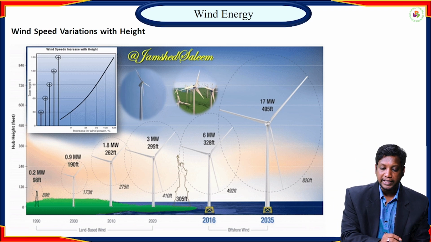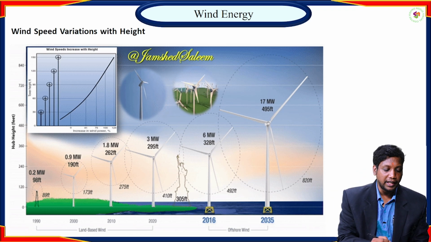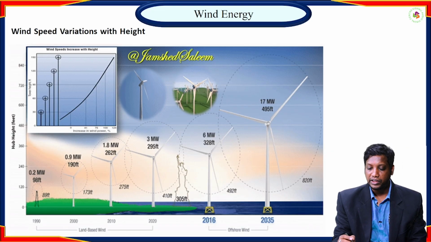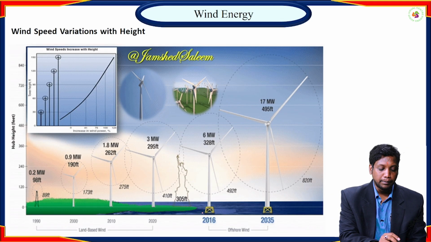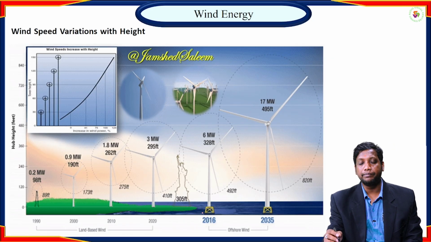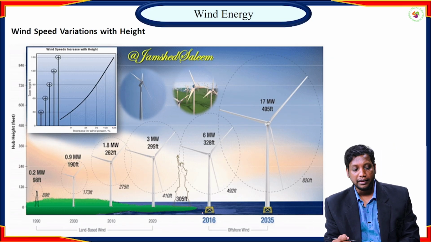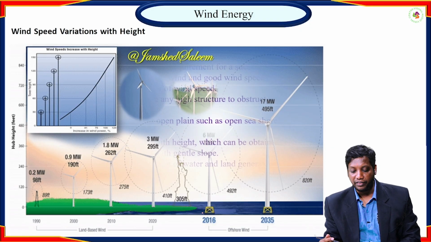We can see in this graph that with respect to height, the wind velocity availability is increasing, and we can generate a maximum of 17 million watts of energy by using these different elevations.